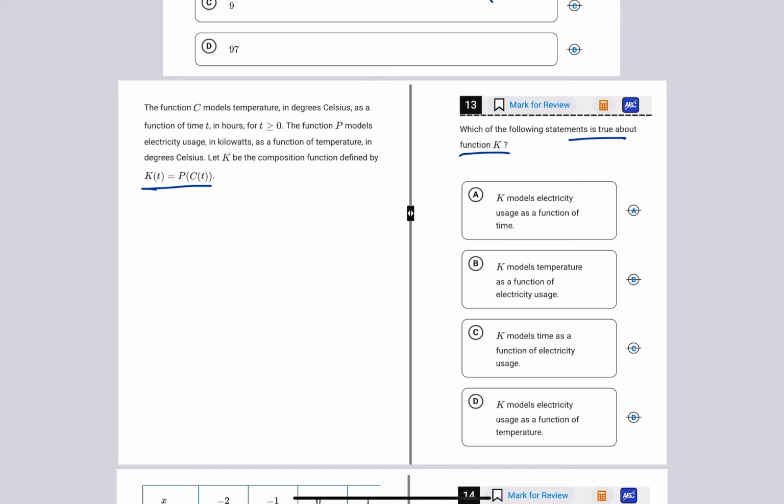Well, what does it model? It models whatever p models, right? So p models electric usage. So it definitely should model electric usage, because whatever p gives you, that would be k of t, right? Which is simply electric usage.